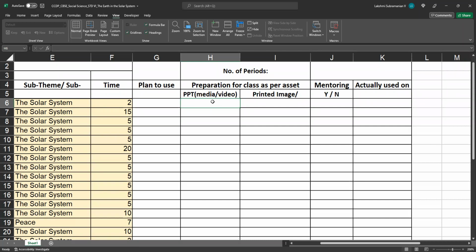Not only for this particular period, but even if tomorrow somebody else asks for it. You can't just tell people, okay, go search in Google, you'll find it. I know there is a video, but when you search for a concept, there could be hundreds of videos. You do not know which video you used, which video was very appropriate.